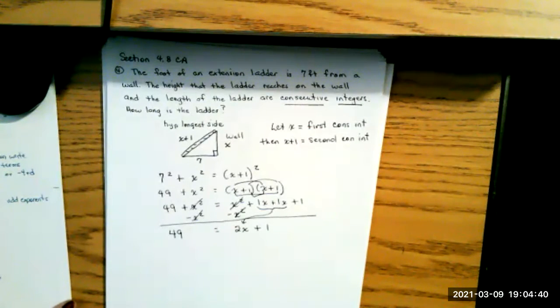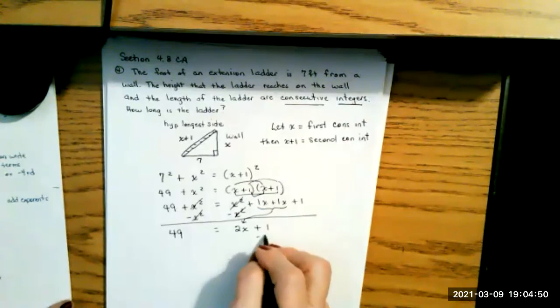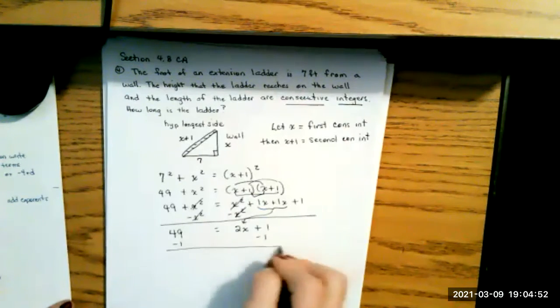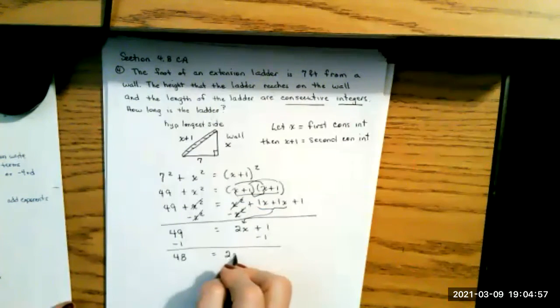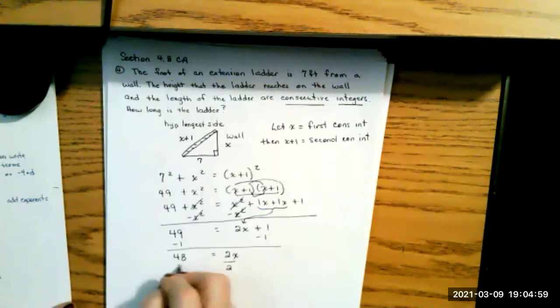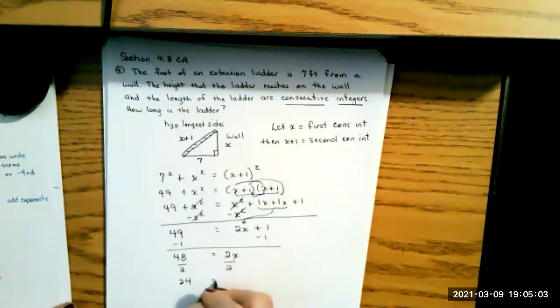Now I've lost my squared terms. They canceled each other out. So what I have is a linear equation to the first power, and I can just solve this one by subtracting 1 from both sides. I have 48 equals 2x. Divide out the 2, and I get 24 equals x.